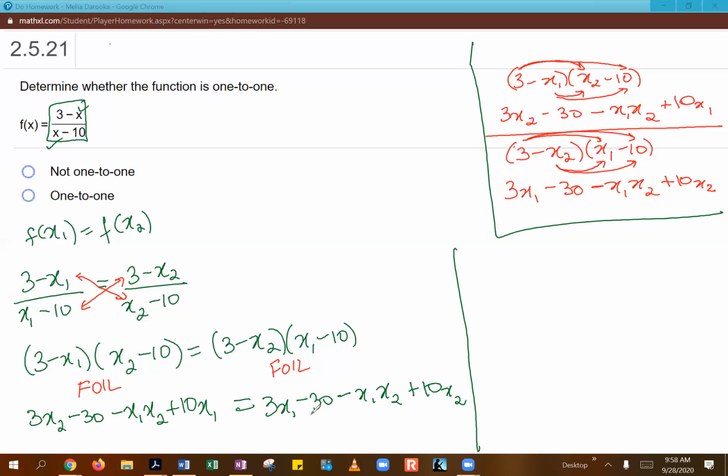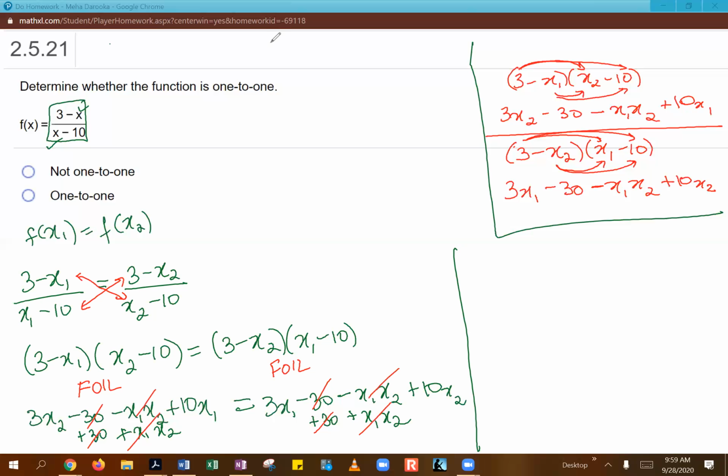Just think about it. If I try to add that 30 on both sides, that 30 will end up canceling out. If I try to add this x1 times x2, so again, that will end up becoming plus x1, x2, and then I add that again over here, plus x1, x2. Obviously, they will also end up canceling each other out.